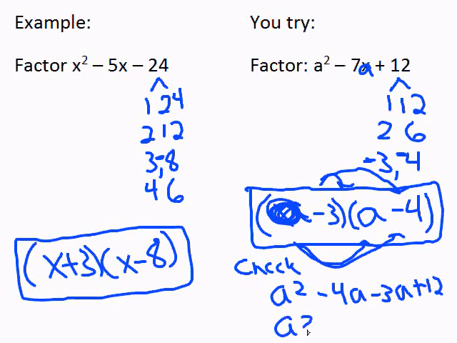This gives us a squared minus 7a plus 12. If, when we distribute, we end up with the same expression we had to begin with, then we know that we factored correctly. Notice a squared minus 7a plus 12 is indeed our starting expression, so this means that we did factor correctly.